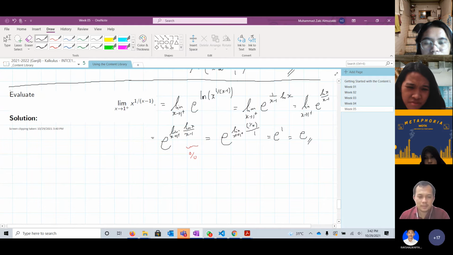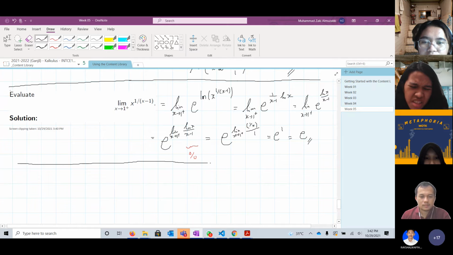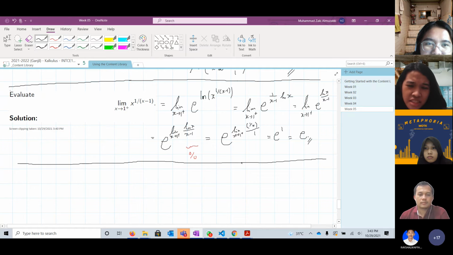A question for this example? Ada pertanyaan untuk contoh ini? Sir, kenapa limitnya di ke atasnya? Why can I move the limit to the power? Mengapa saya bisa pindahkan limitnya ke pangkatnya? That is because of the limit rule.